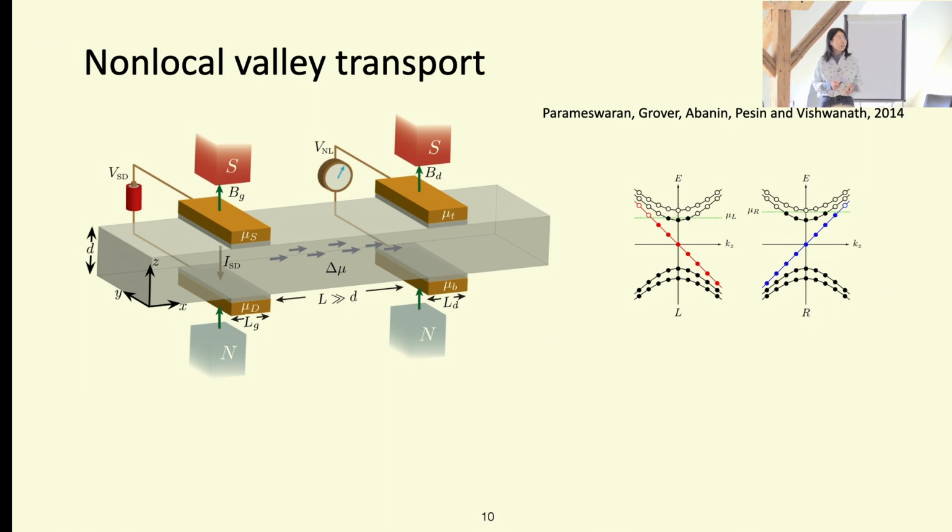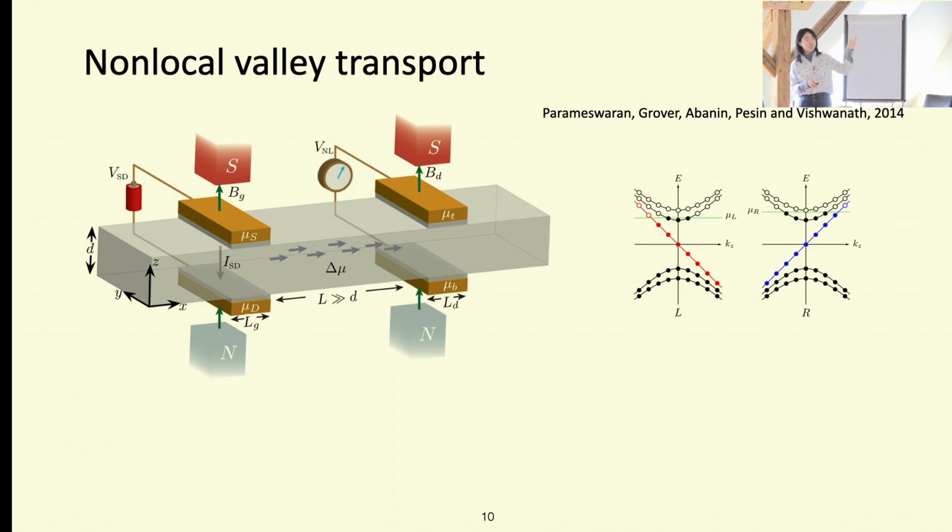Going to transport, we've seen that this non-local geometry is very useful to detect charge-neutral transport. In this paper, the authors propose this geometry to study chiral anomaly, actually, by using the property that diffusively driven valley degree of freedom can survive over a long distance.